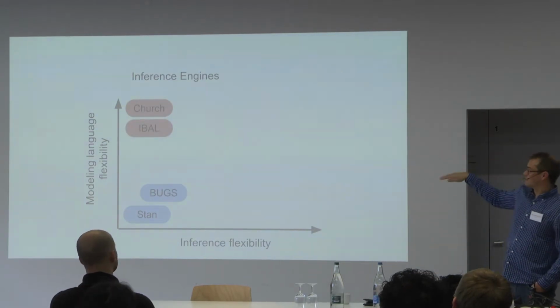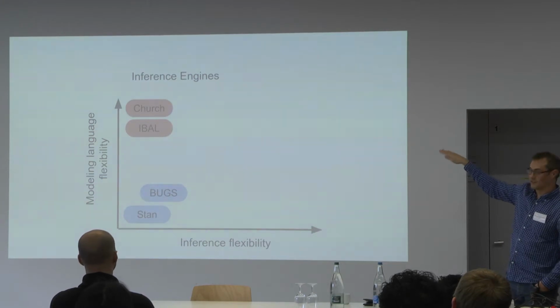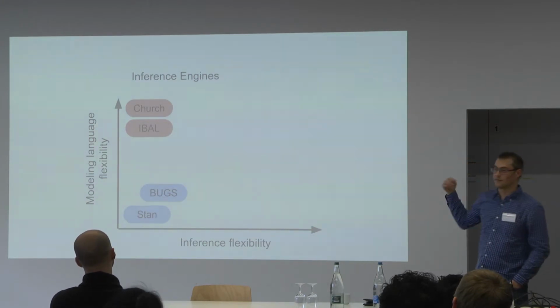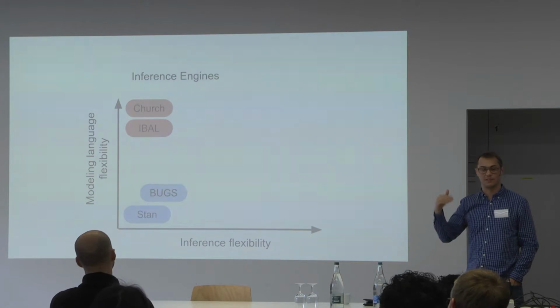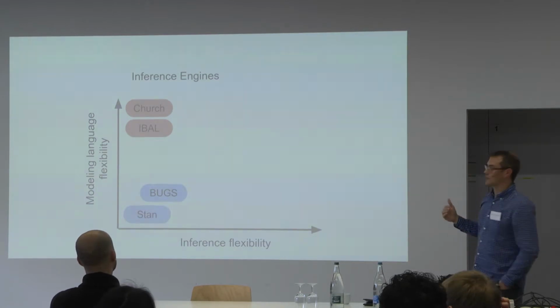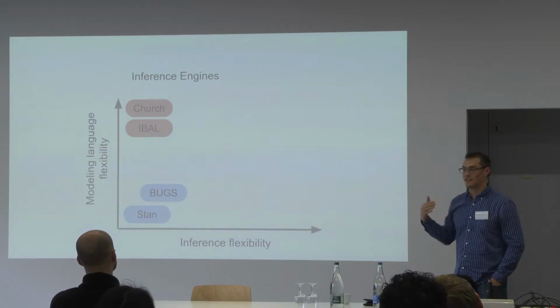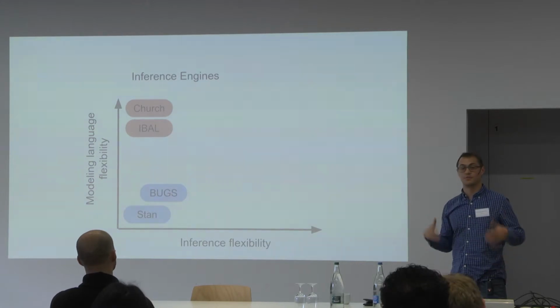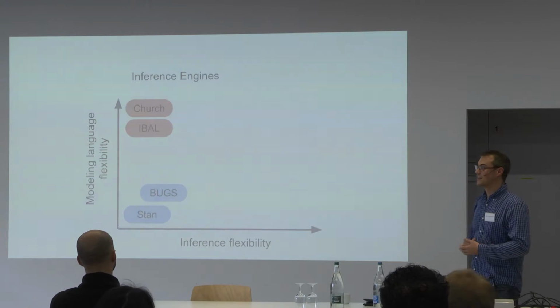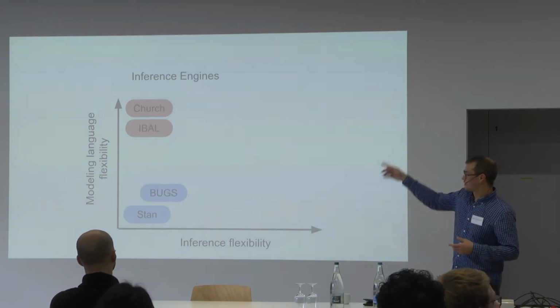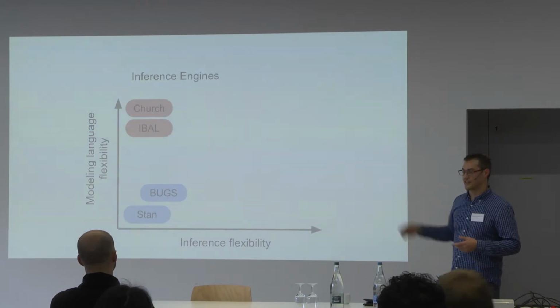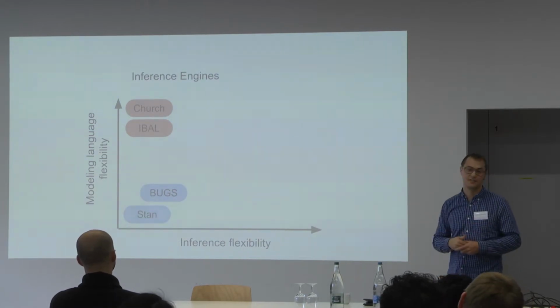There's also been a set of probabilistic programming systems in this other corner where they've taken the modeling flexibility really high. Systems like Church and Anglican are based on the idea that you can express models in general purpose programming languages with all the interesting features of those languages, like recursion. But these particular systems also try to provide relatively fixed inference engines.